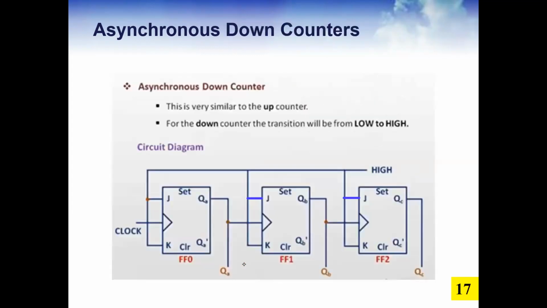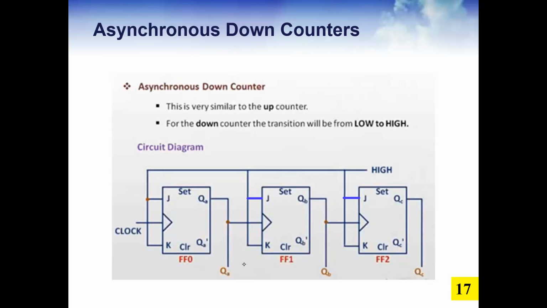Next, here in this type of counter, we can see this is a down counter, and previously we discussed the up counter. Between the down counter and the up counter there is a very minor change, which you can observe here, and that change is the clock itself.